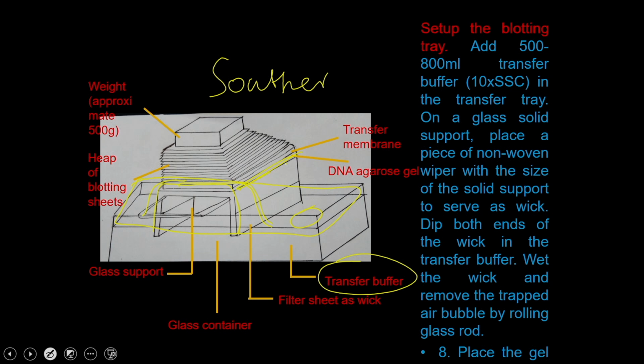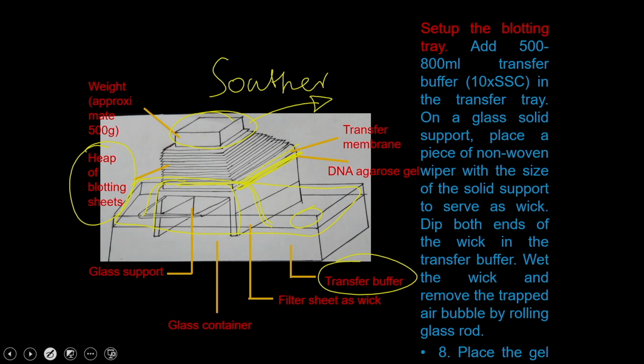On top of this glass support you are going to keep the agarose gel, and on top of that you are going to keep the nitrocellulose sheets, and then on top of that you are going to keep the blotting sheets. You are going to have like 50-60 blotting sheets, and on top of that you are going to keep a big weight, so that this weight is going to press these blotting sheets.